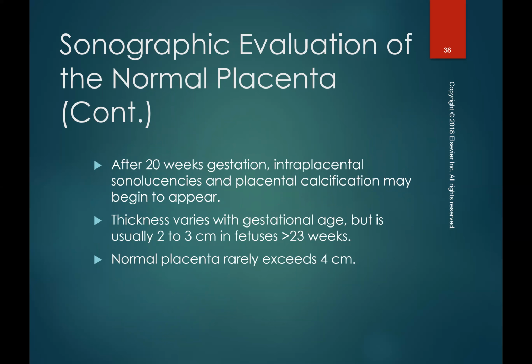After 20 weeks, sometimes you can start seeing intraplacental sonolucencies, and placental calcifications begin to appear. Just like us, as we age, things start showing up like wrinkles. And it's the same thing with the placenta. Intraplacental sonolucencies and calcifications that weren't there before when the placenta was young begin to show up.